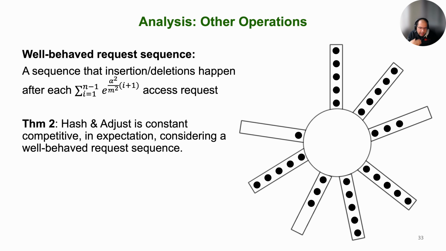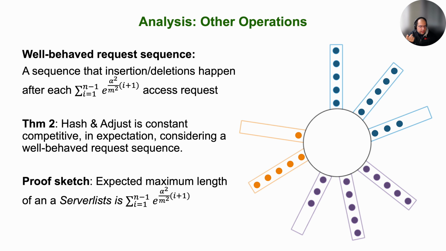They happen after a while, these insertions and deletions of items on servers. The question is how we can define this well-behaved sequence, and the answer depends on the expected maximum length of each server list. So if we can find that expected length, then for the rest we can amortize the cost of insertion and deletions of servers and items given this expected length.